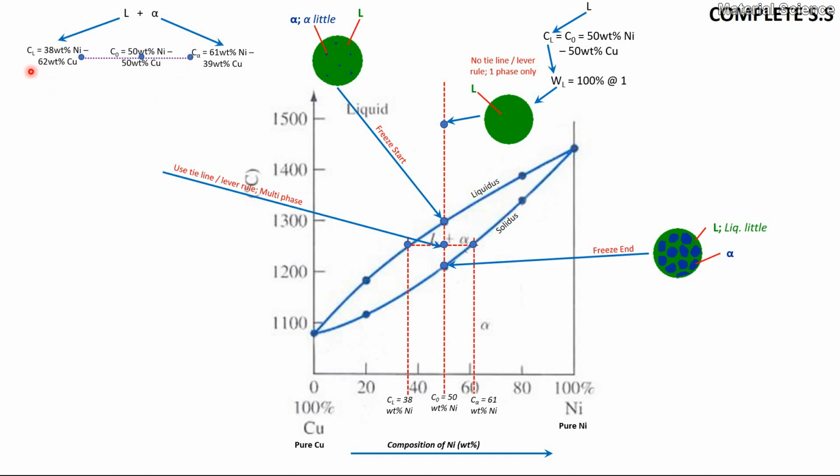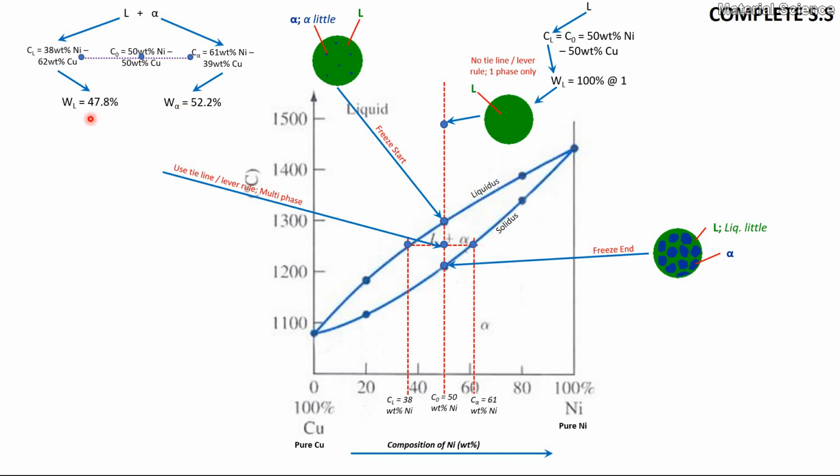Once we have all three readings, we are able to determine the weight fraction for liquid and the weight fraction for alpha solid. So we get 47.8% of liquid and 52.2% weight fraction of alpha.